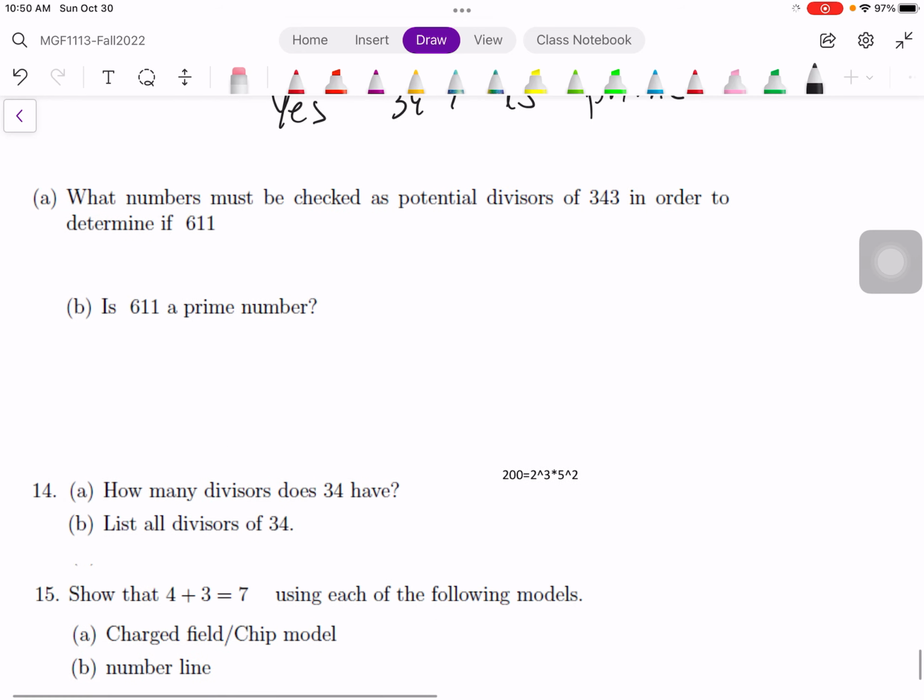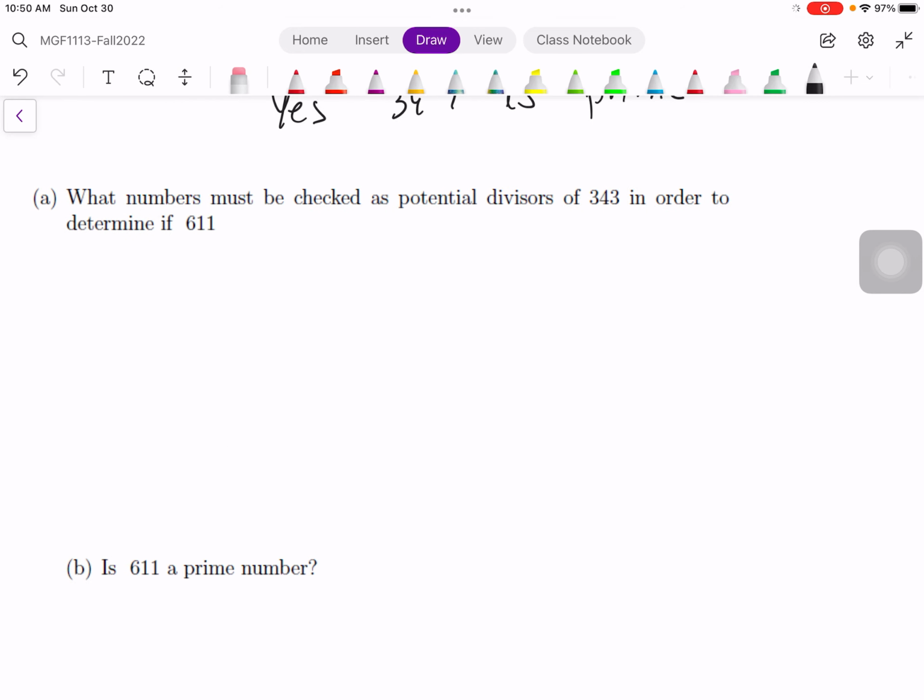Let's look at the next. I'm not going to do more than 2 examples here, and there's a mistake here. What numbers must be checked as potential divisors of 611 in order to determine if this number 611 is prime? For the first, I need to determine the square root of 611, right? So I look at the square root of 611, that's about 24.7.